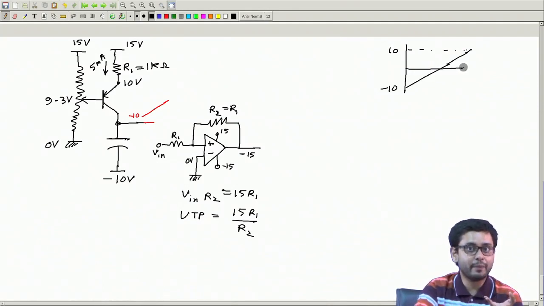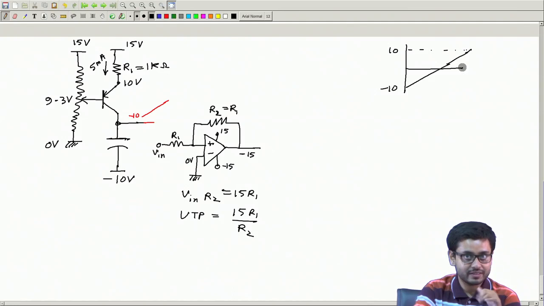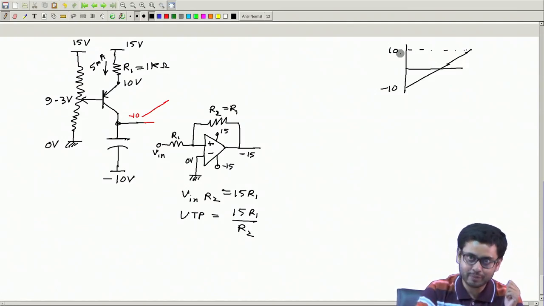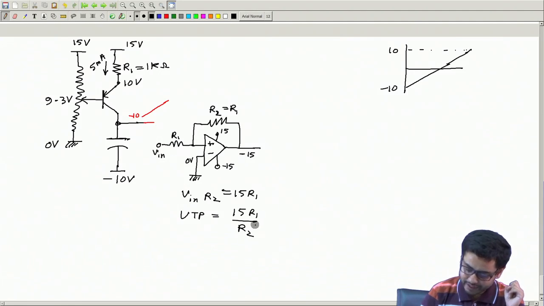Try to understand and make things on your own. Then you will enjoy it, you will learn it. Suppose now I want the ramp voltage to go up to 10 volt. Then I want the upper trigger point also to be 10 volt.